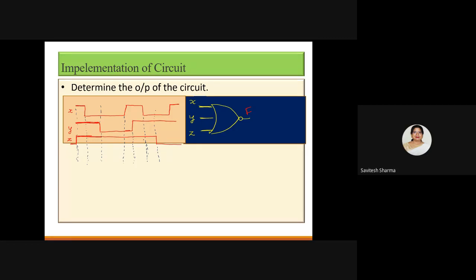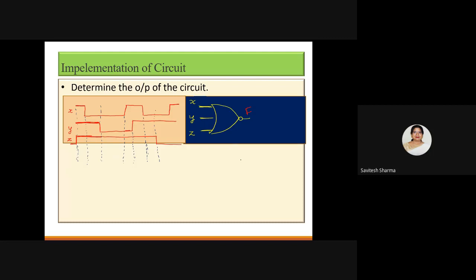So the first step, I hope you understand. If a timing diagram is given, you will mark those times where your signal is transiting either 0 to 1 or 1 to 0. Now I will see what the property of the OR gate is.